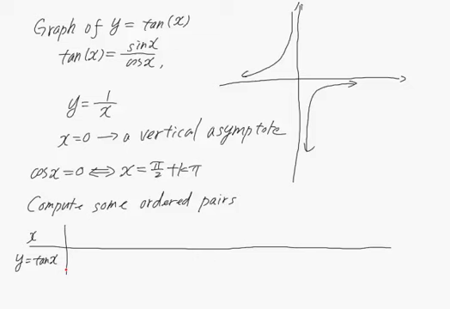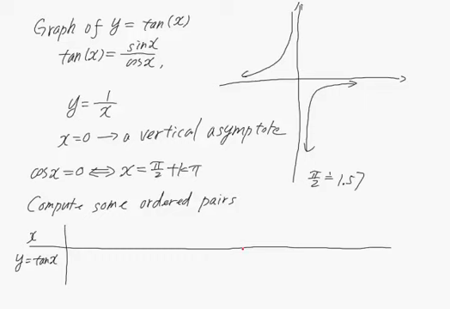So we need x. We know at half pi, tangent x is not well defined, right? Because cosine of half pi is equal to 0. And this is why we have the vertical asymptote here, right? And half pi is approximately equal to 1.57.